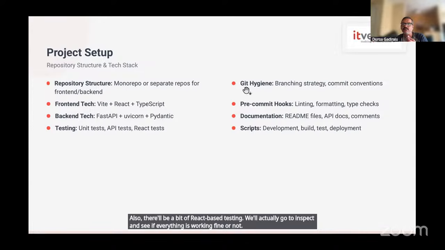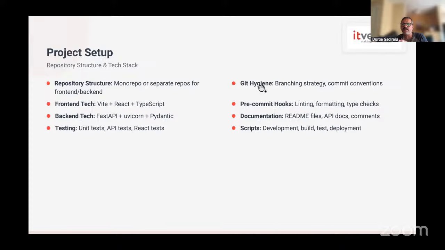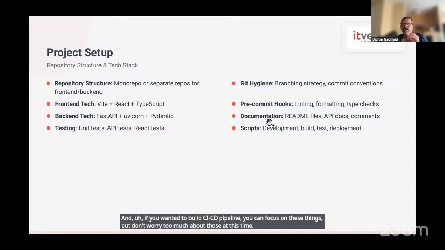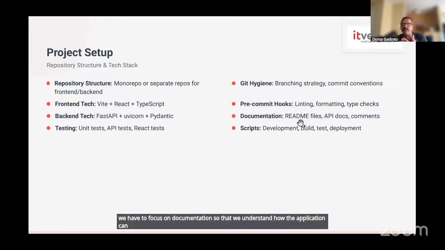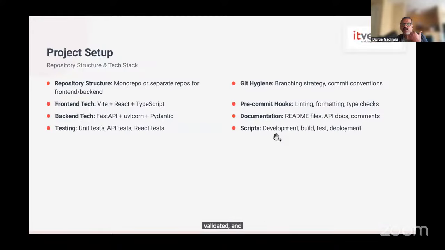We'll not be following any branching strategy in this session, but typically we should follow. And if you wanted to build a CI/CD pipeline, you can focus on these things, but don't worry too much about those at this time. We have to focus on documentation so that we understand how the application can be deployed and validated. And we also need to come up with the scripts to develop, build, test, and deploy.